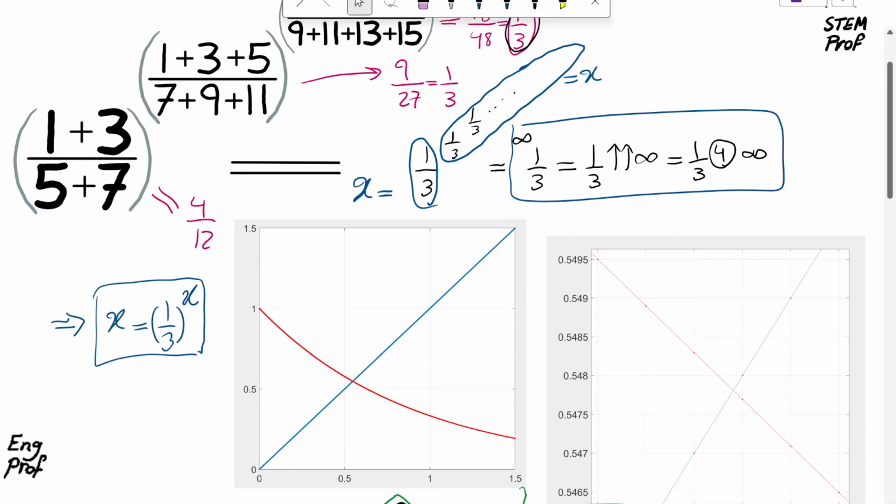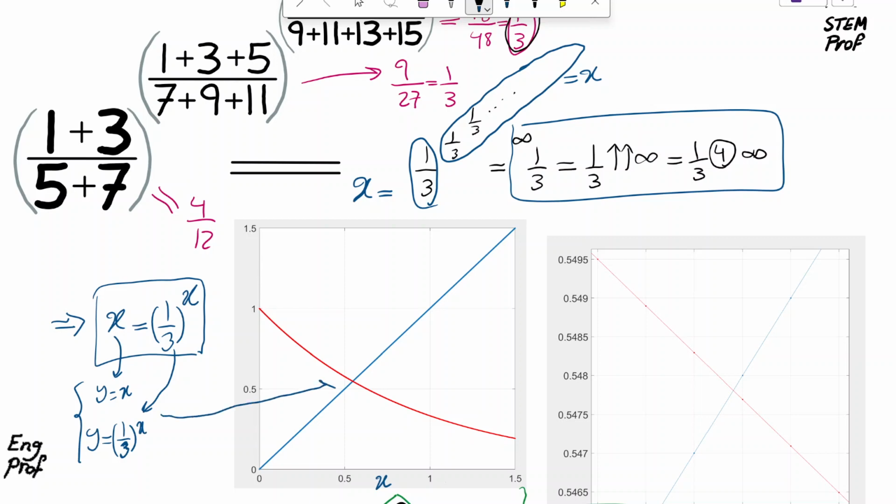The x-axis is the x value, this x, and the y-axis is showing two things. One, I am showing y equal to x, that's one curve, and I'm showing y equal to 1/3 to the power x. So I have two curves, and I'm interested in finding the intersection, exactly where they are crossing.